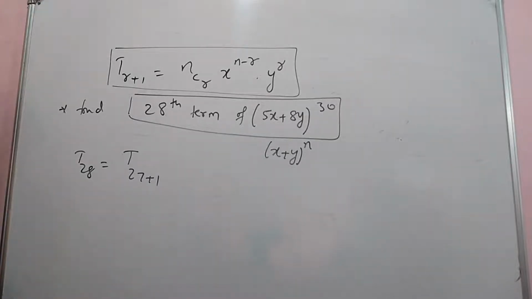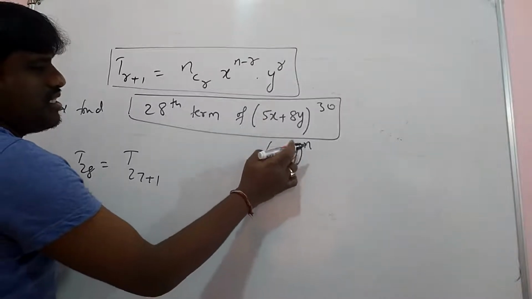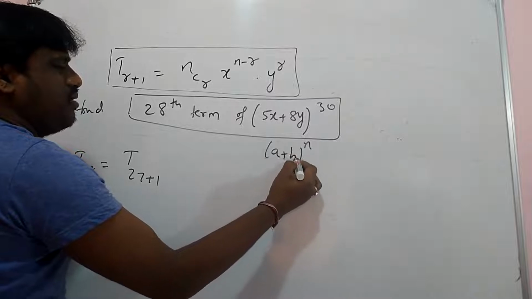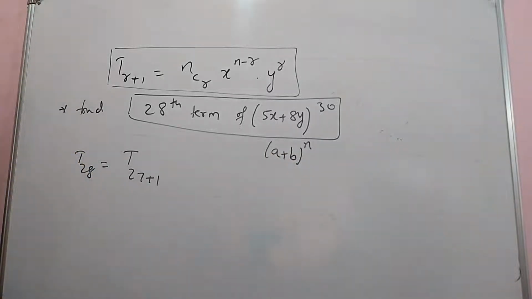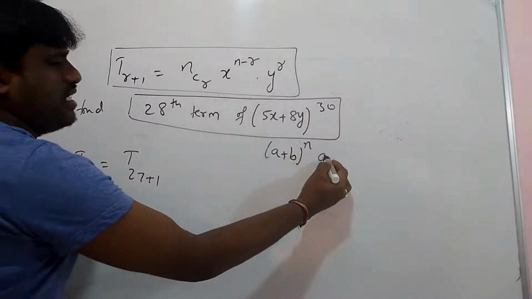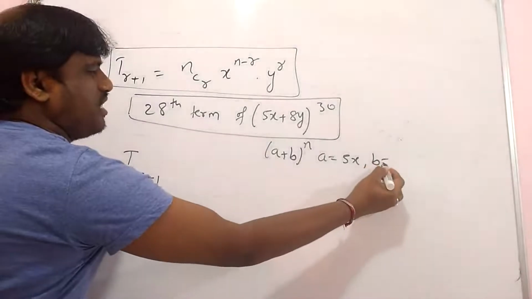If you compare, the first term is 5x and the second term is 8y. So I compare with (a + b) whole power n: a is equal to 5x and b is equal to 8y.